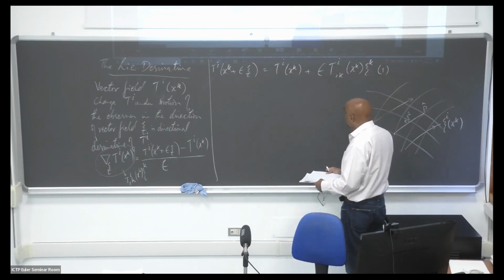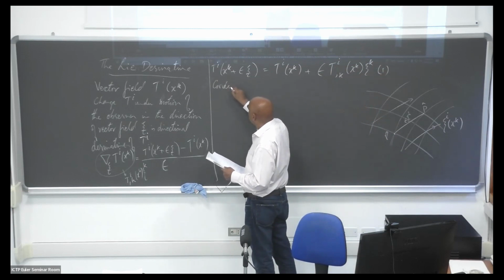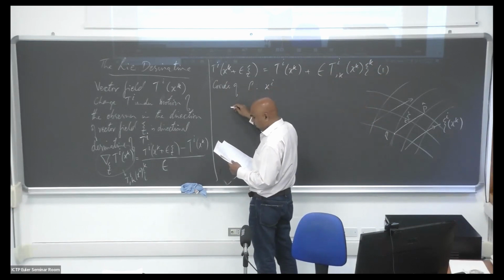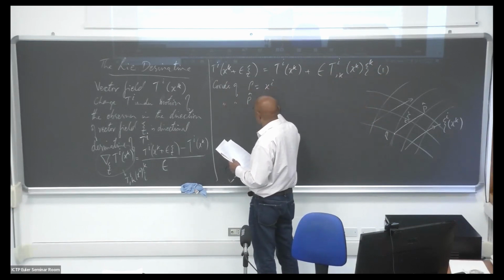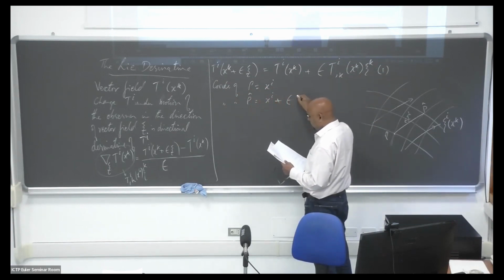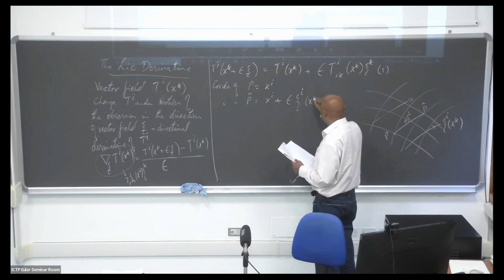Okay. So the coordinates of P are xi, and the coordinates of P hat, this is an increment in this xi. So this is xi plus xi.